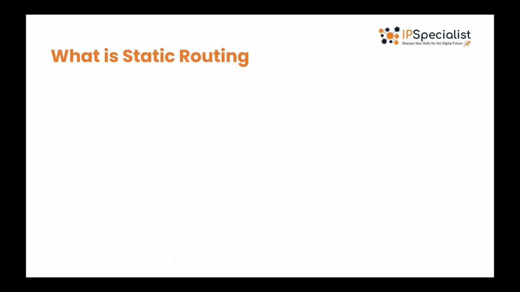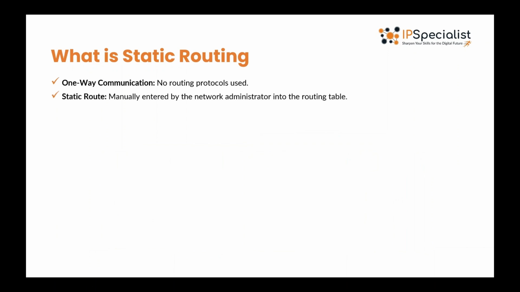Static routing is a way to direct data in a network. Unlike dynamic routing, it doesn't rely on protocols to adjust routes automatically. Instead of letting the network figure out the best path for data automatically, a network admin sets the path manually. This means the routes are fixed until someone changes them.